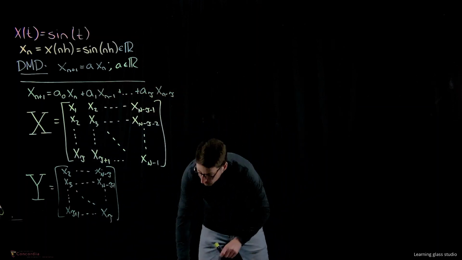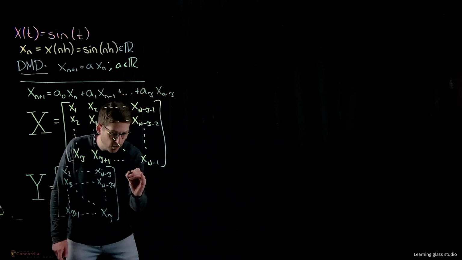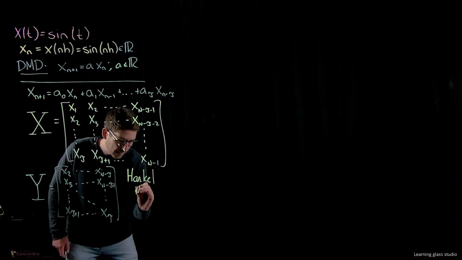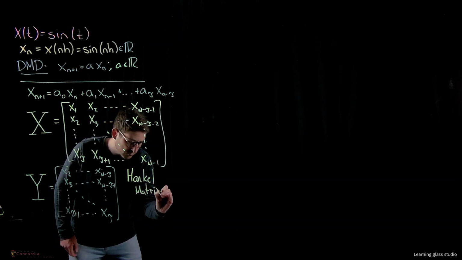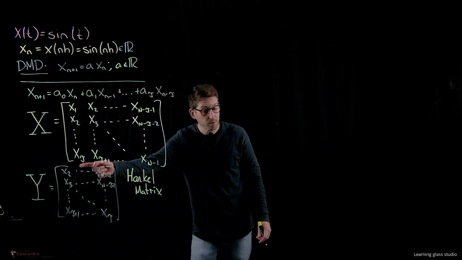And if you try to apply DMD now to these two delay matrices, which we call a Hankel matrix. Now, a Hankel matrix is this big matrix of delays, this big square matrix. Of course, tau is a hyperparameter now.